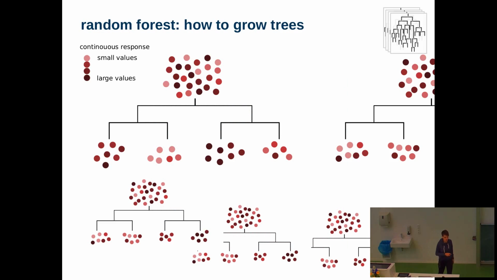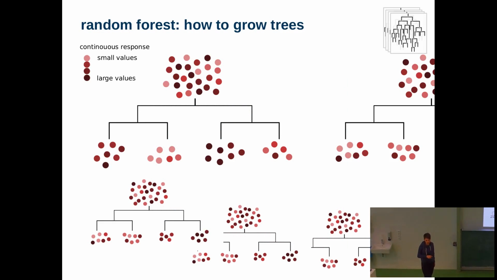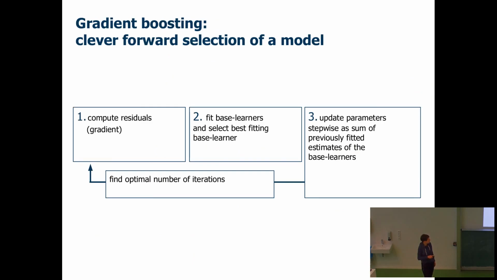And the famous random forest is basically regression trees that are combined in a clever way: first they are built up and then combined. And gradient boosting is a sort of forward learning algorithm that slowly builds up your model and from that tries to adapt to your data.